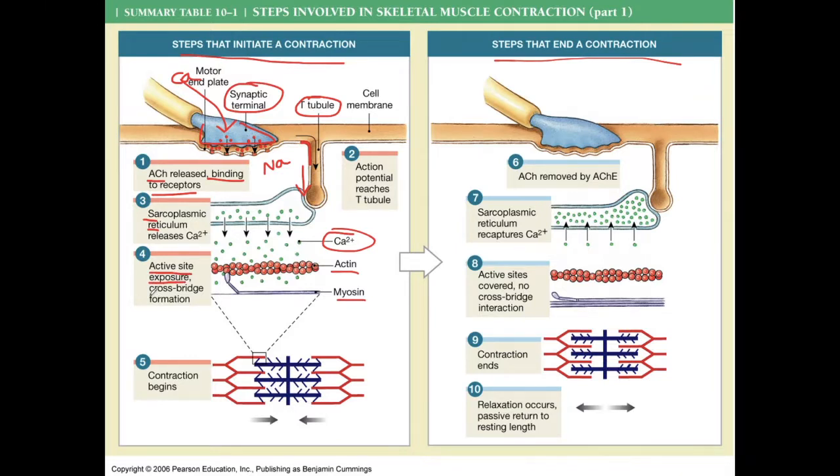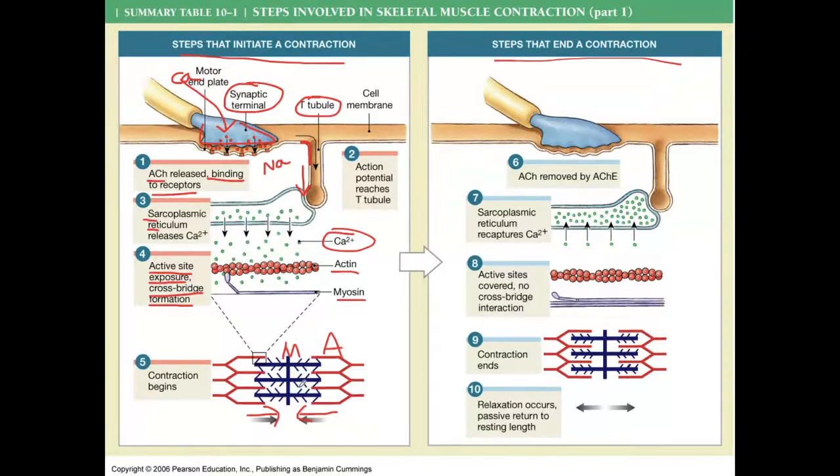When you have the active site exposure, myosin connects to actin, creating that cross bridge formation. And a contraction begins. And it moves this way, and those myosin heads attach, moving actin that way, right? So this is myosin, and the red here, that's actin.